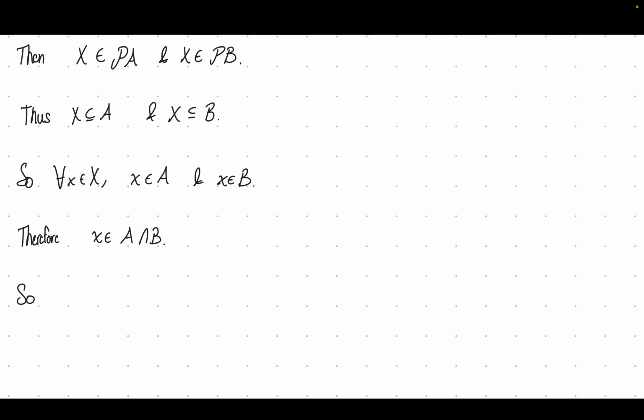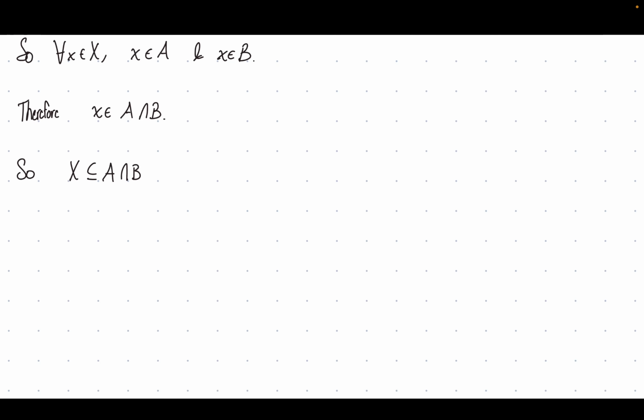So what this tells us is that if every element little x of big X is in A intersect B, then big X has got to be a subset of A intersect B. And thus, X has to be in the power set of A intersect B.